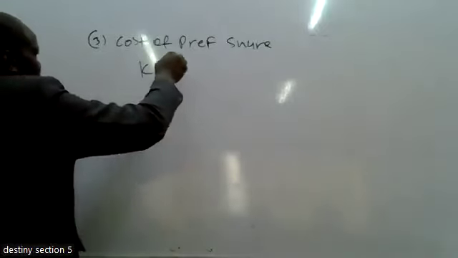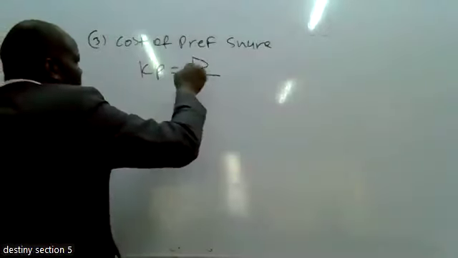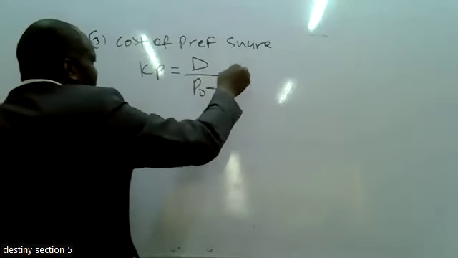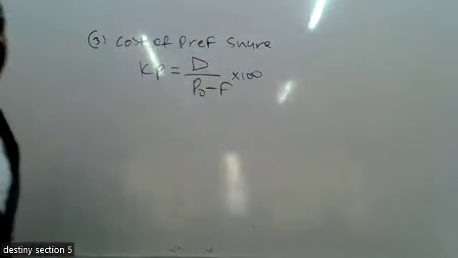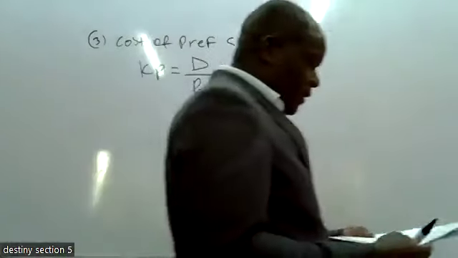Remember KB, it is D divided by P0 minus F, then you express it as a percentage.